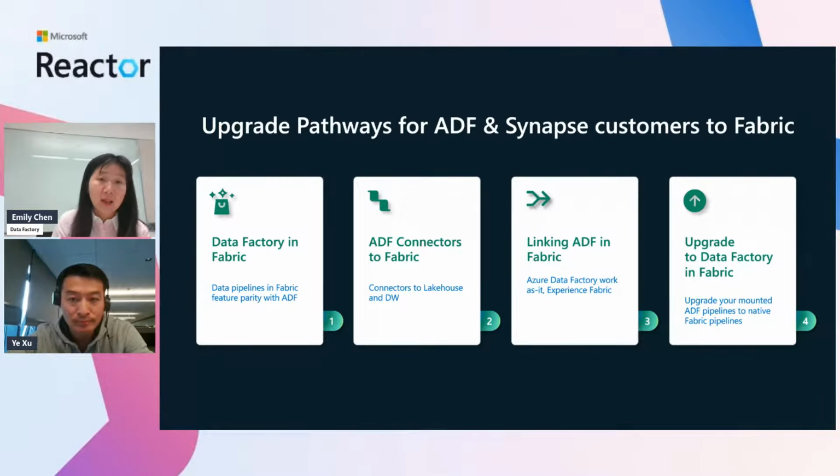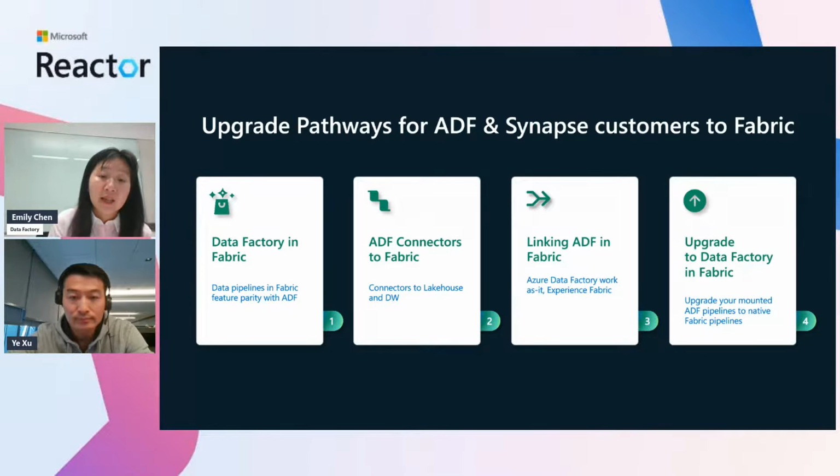Currently, over 90% of our ADF activities are already supported in Fabric, together with more than 40% of connectors already at feature parity in Fabric. And number two is that Fabric data sources can work seamlessly with ADF and Synapse through supported connectors.